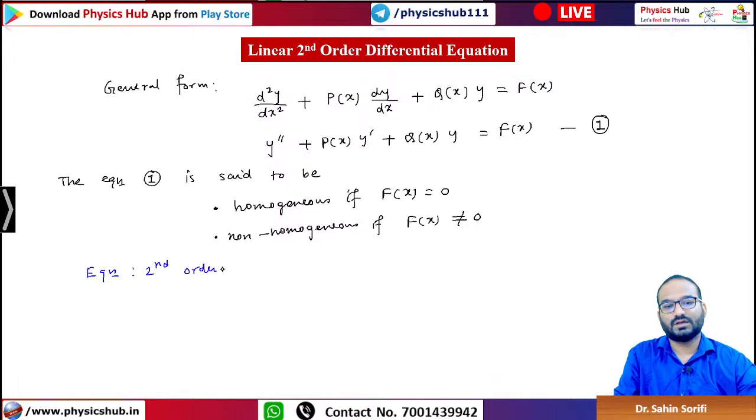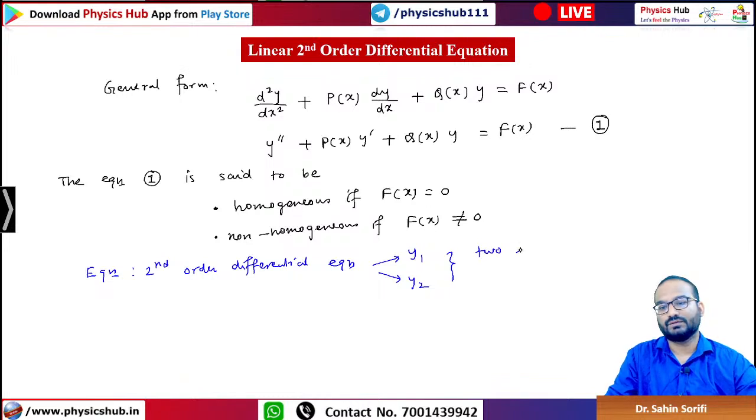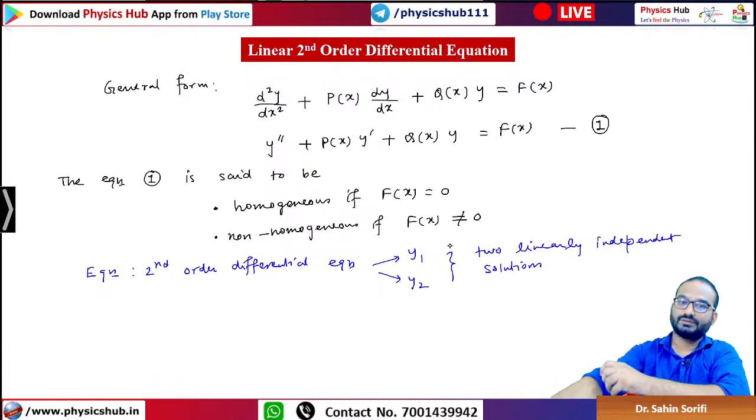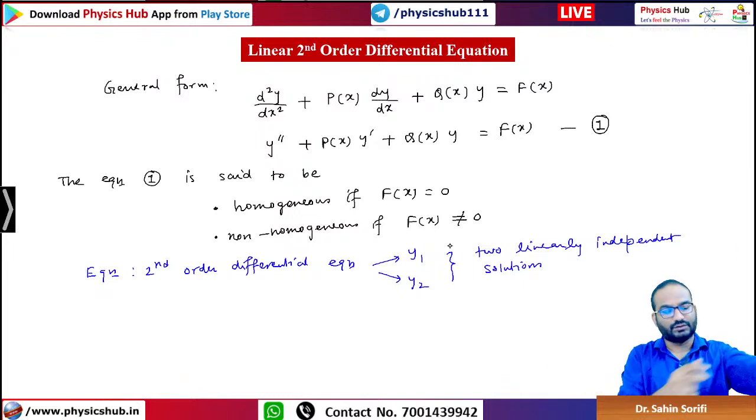Now this equation 1 is a second order differential equation, right? So what can we expect? We will expect two linearly independent solutions, y1 and y2. In the first order differential equation we got only one solution, but in second order differential equation we will get minimum two linearly independent solutions.